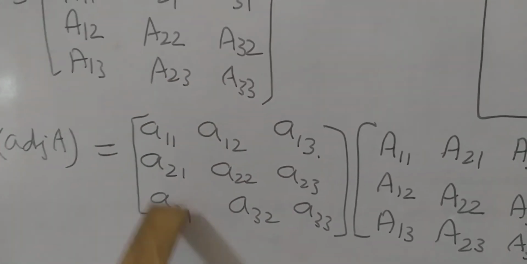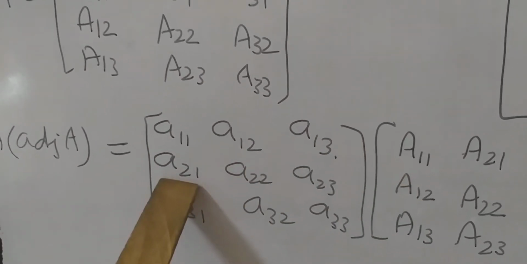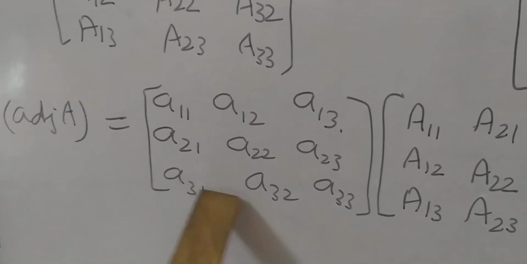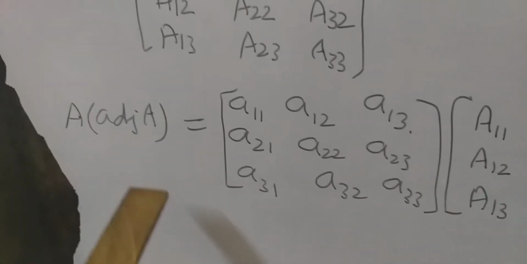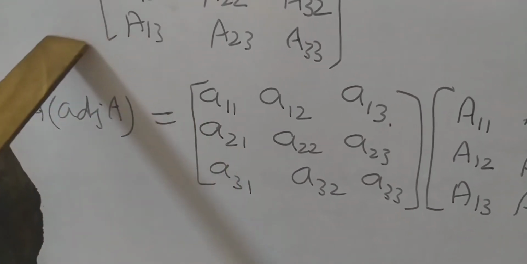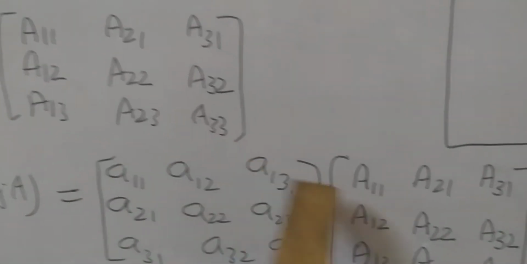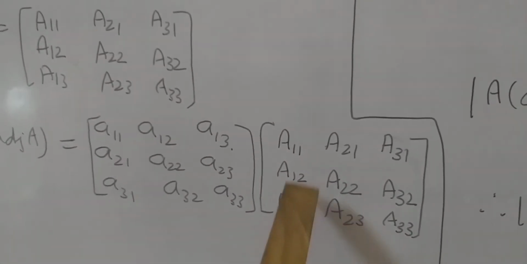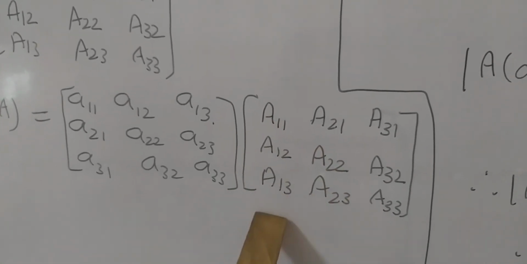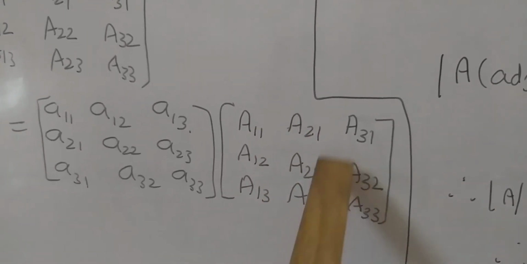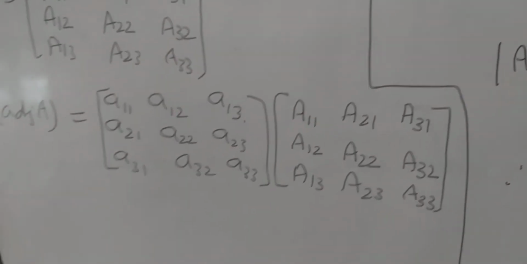I have taken the matrix here: a11, a12, a13, a21, a22, a23, a31, a32, a33. Now I am going to take the adjoint A value. This is adjoint A, students. Its value I am going to write here: A11, A21, A31, A12, A22, A32, A13, A23, A33.